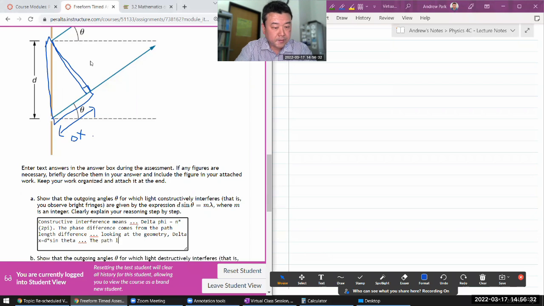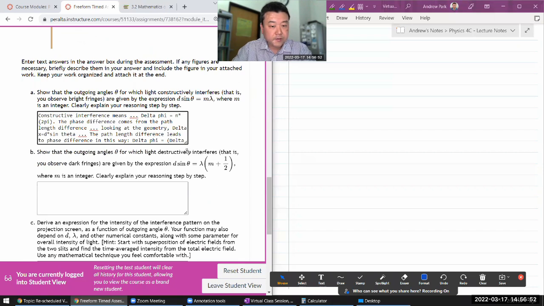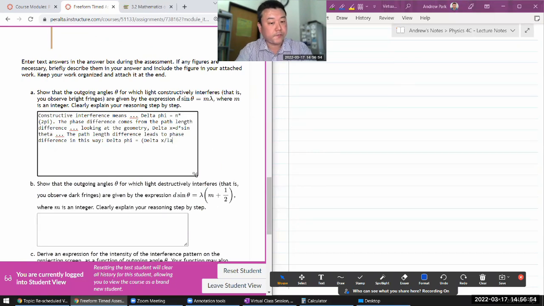The path length difference leads to phase difference in this way. Delta phi is equal to the path length difference in units of wavelength, lambda, but that's the phase difference in cycles.